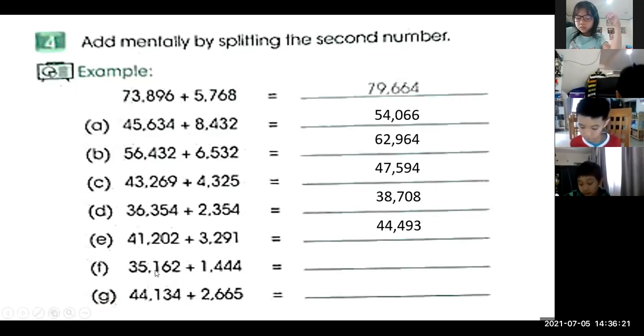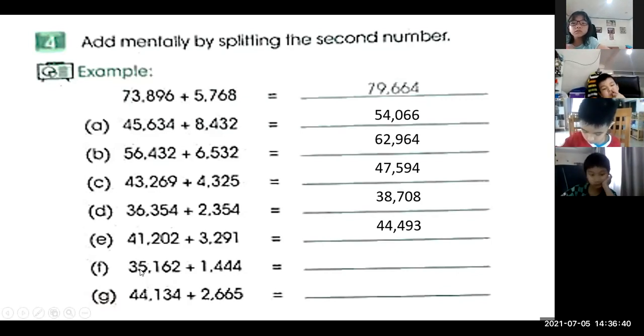Add the thousands place. 1,000 plus 5,000. 36,000. And 6 and 4. 34,406.